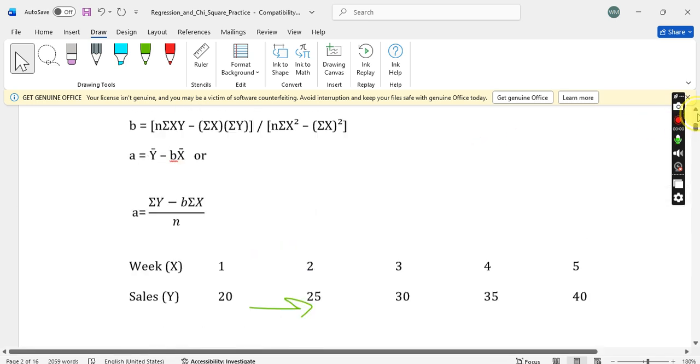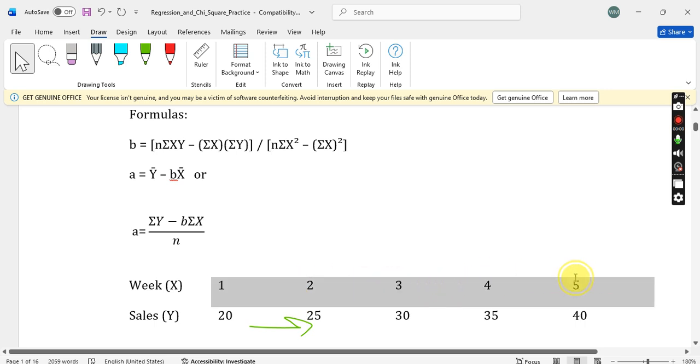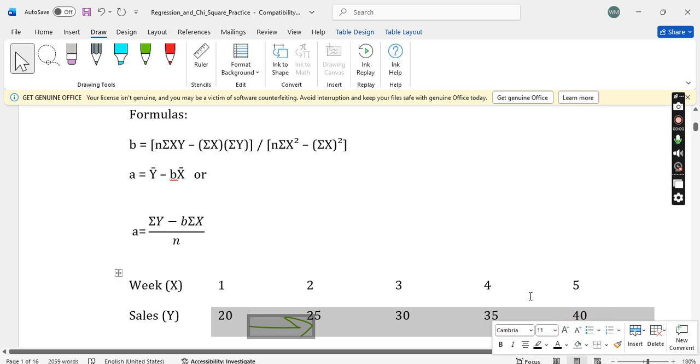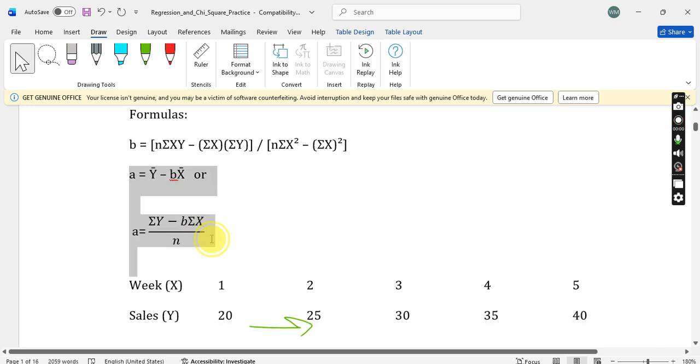From week 2 to week 3, 5 units. Have you seen? X is increasing by 1, y is increasing by 5. That's what the slope is telling you. So we've got our slope. Any questions before we get our intercept?